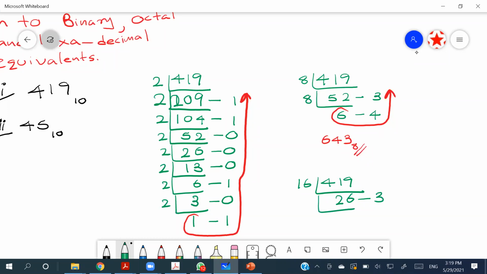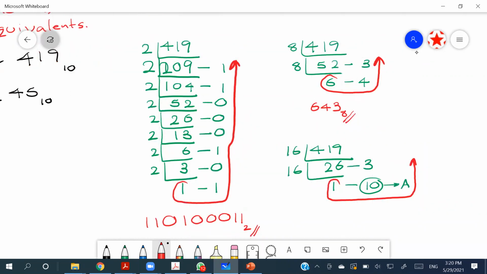In 26, we divide by 16, so 1 and 10 is remaining, and 10 means A. So now I receive my answer something less than 16. So I'm starting from there and writing to the top. So it gives me 1A3 in base 16.